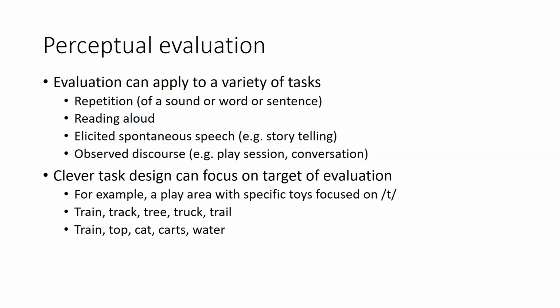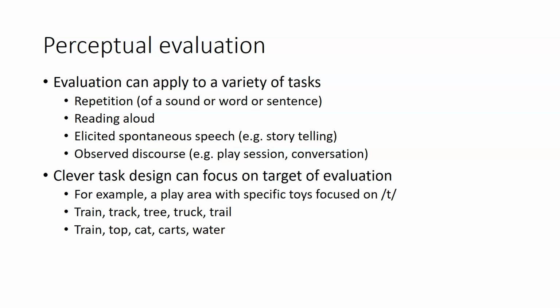Doing perceptual evaluation of speech can also apply to a variety of different types of tasks. So you could say something and have the client repeat it, be it a sound or a word or a sentence. So you give them an example and they repeat it directly. You could have someone read aloud words or sentences. There are various ways of eliciting spontaneous speech without giving someone a specific script.